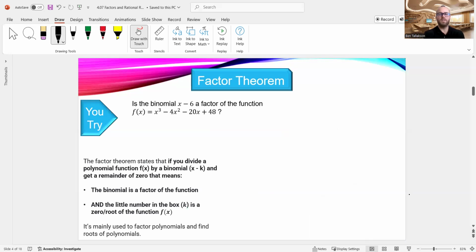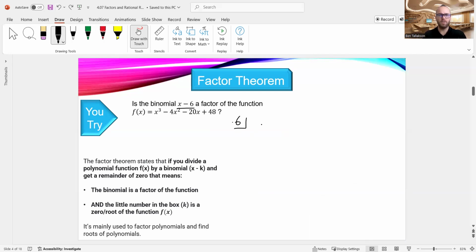So go ahead, use synthetic division to determine if the binomial x minus 6 is a factor of this polynomial function. Let's see. If this is x minus 6, the number in the box is positive 6. Remember, you take this, set it equal to 0, and solve for x.